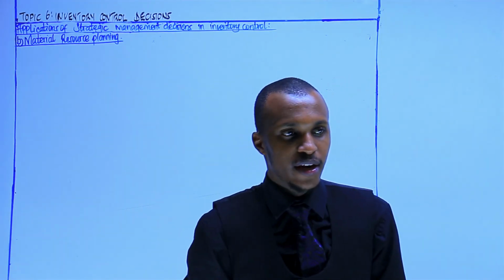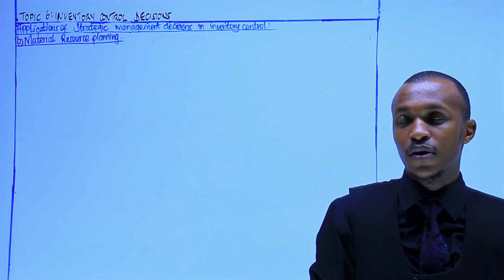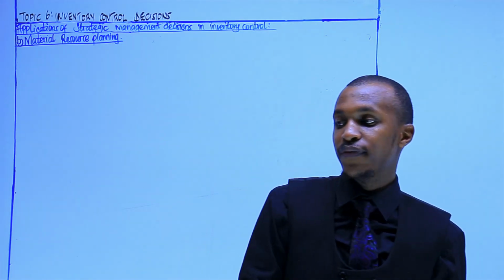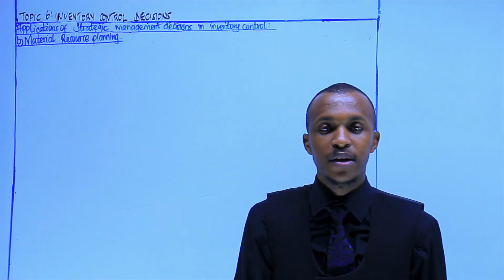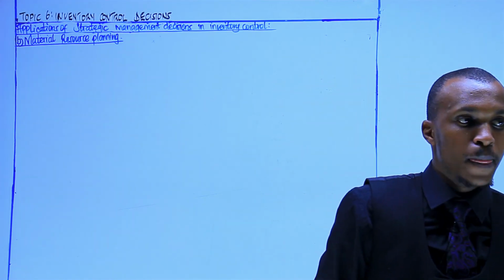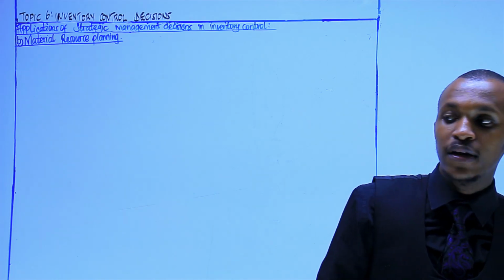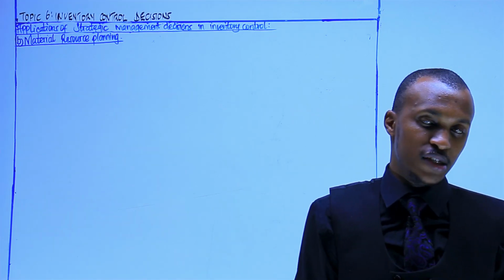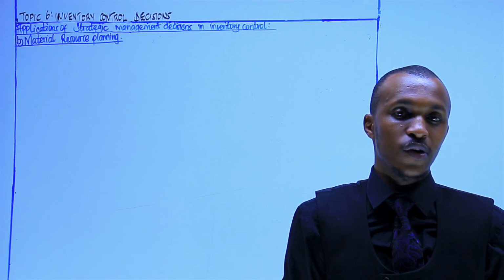We want to continue with a previous subtopic on inventory control decisions, known as material resource planning. In the previous session, we talked about just-in-time, a type of inventory system where you simply want to match your demand with the quantity that you want to order as an organization, such that the system ensures that you don't have any closing stock.